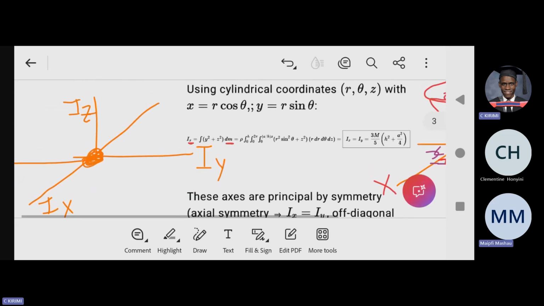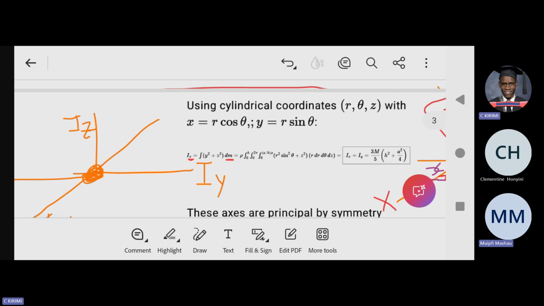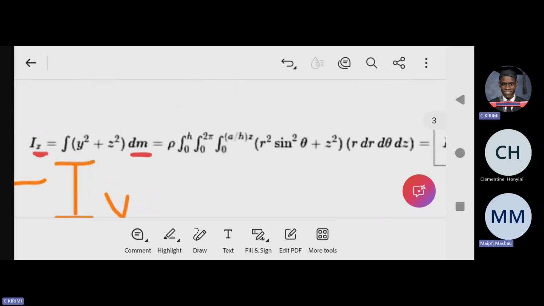Will I be wrong if I write the limit of integration with respect to z, the a over h times z, and I just write r? If I replace the a over h times z and I just write the r, the question won't work, because at the end of the day, we have been given a ratio, a over h.